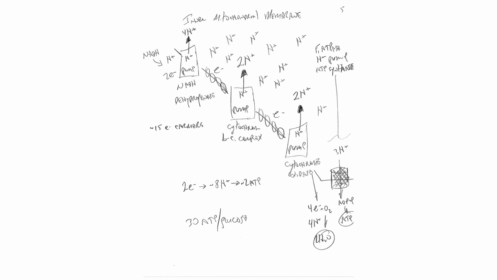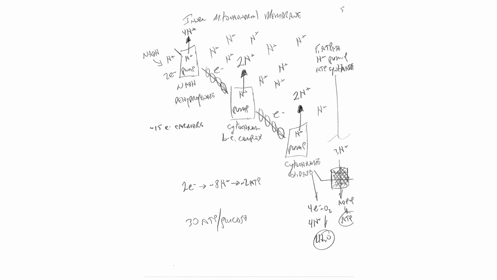So when electrons pass through NADH dehydrogenase, 4 protons are pumped in one direction. Electrons pass through the cytochrome BC1 complex, 2 protons are pumped. Through cytochrome oxidase, 2 protons are pumped. And so as electrons are traveling down this chain, protons are being pumped to one side of the membrane.